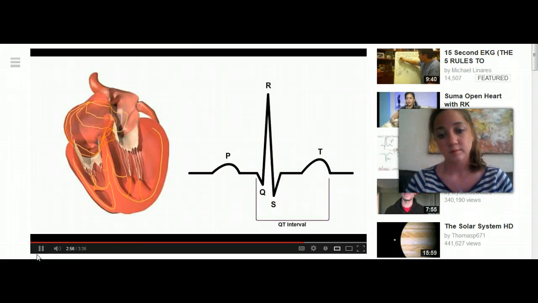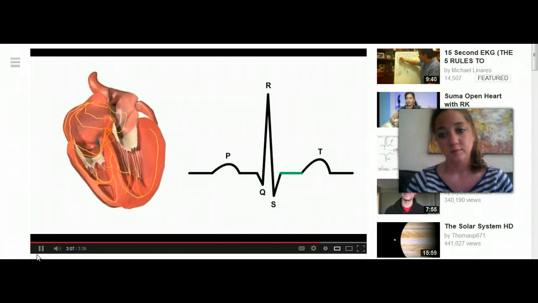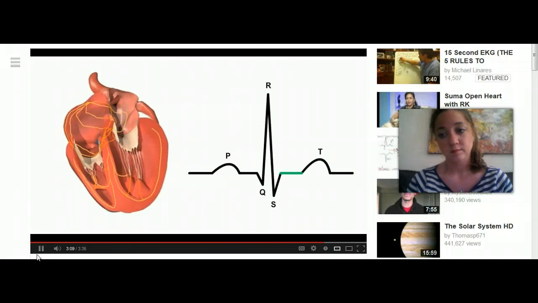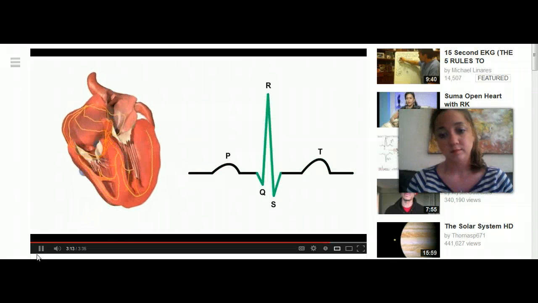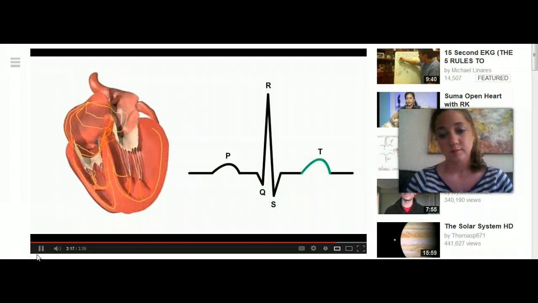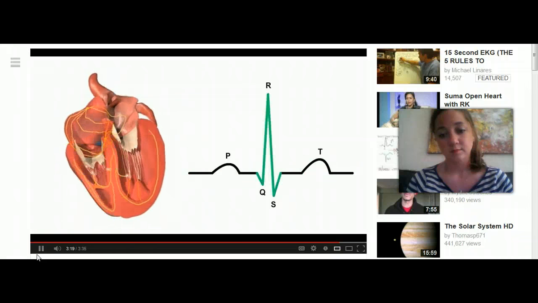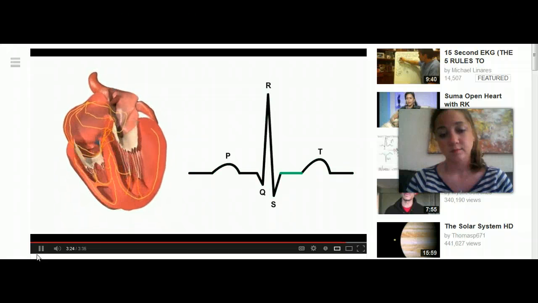The QT interval represents the time it takes for both depolarization and repolarization of ventricles to occur. The sequence of events just described and the associated ECG trace repeats with every heartbeat. Remember, an ECG is not a tracing of a single action potential, but an amalgamation of the many action potentials that constitute the electrical activity of the heart.